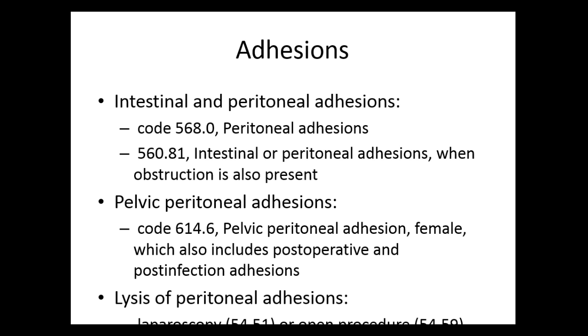Documentation of clinical significance by the physician may include, but is not limited to, the following language: numerous adhesions requiring a long time to lysis, extensive adhesions requiring tedious lysis, extensive lysis, or so forth. So basic rule: do not code adhesions or lysis solely based on the mention of the adhesions or lysis in an operative report. Again, when in doubt, you need to query that physician.